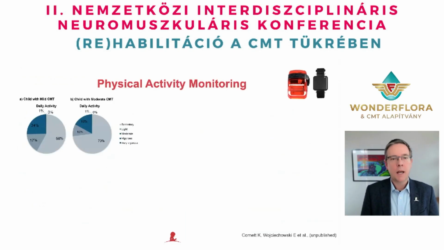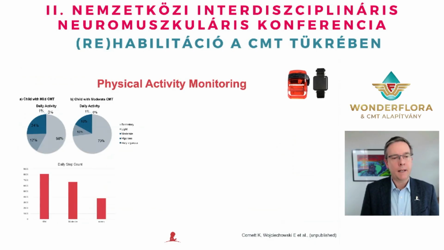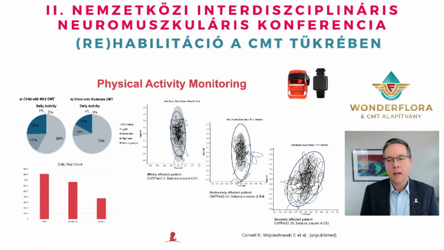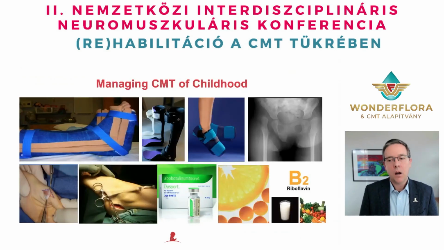And with these digital health technologies, we can already see that when we measure people with CMT at home, we can get a really good understanding of different degrees of severity related to physical activity. We can look at their step count in relation to disease severity. And we can also look at balance parameters and see the people with more severe CMT have more difficulties with balance.